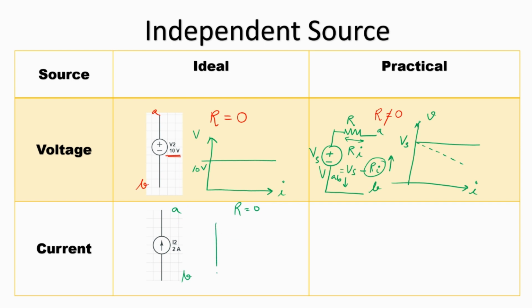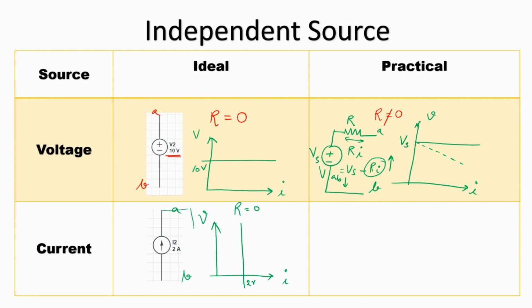So now if I plot the VI characteristics of this ideal current source, where I is in the x axis and V is in the y axis, this is how it will appear. At 2 amps, it's going to be consistent no matter what the voltage is going to be.